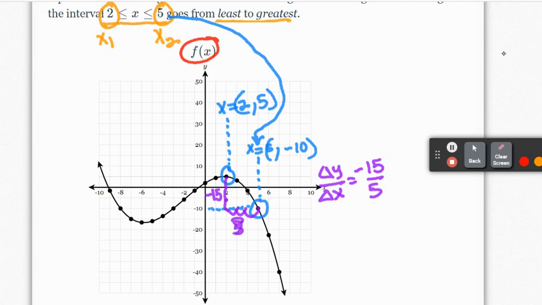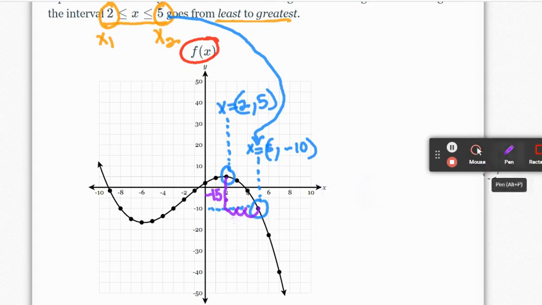Yeah, 3. Let me erase that. Try it again. So the delta x is 3. So we do -15 over 3, and we get a slope of -5.